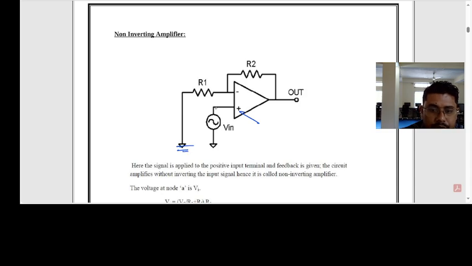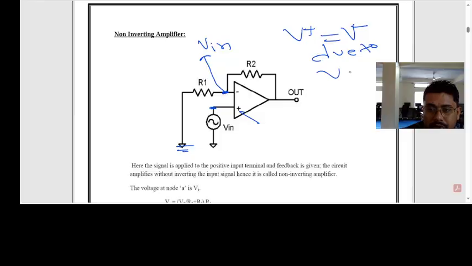Using the virtual ground condition, V positive equals V negative, so the same voltage V in will be here.